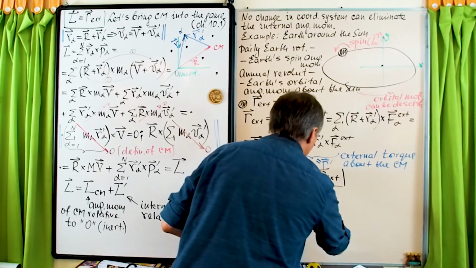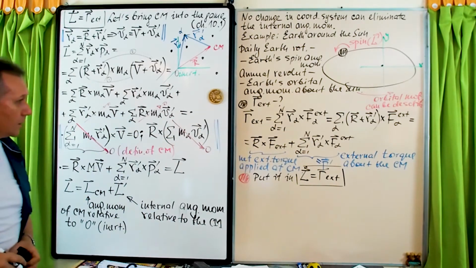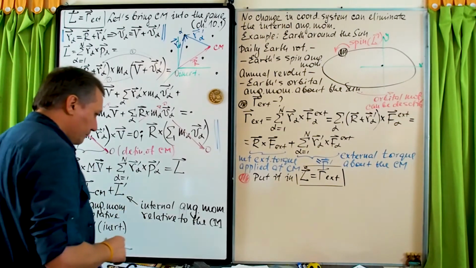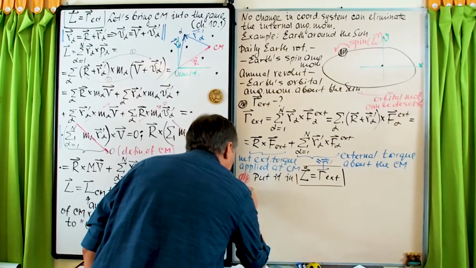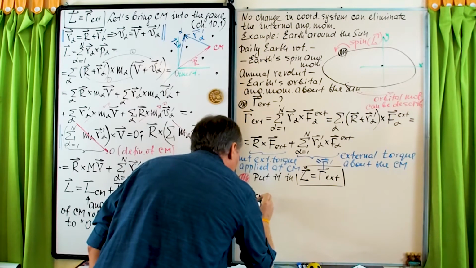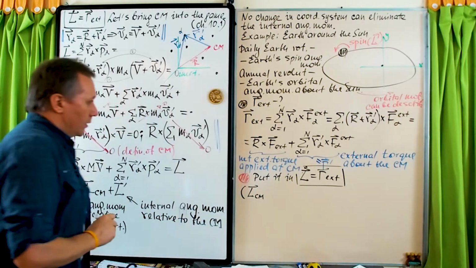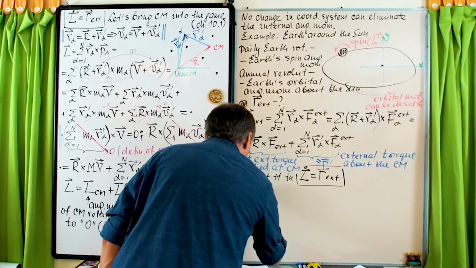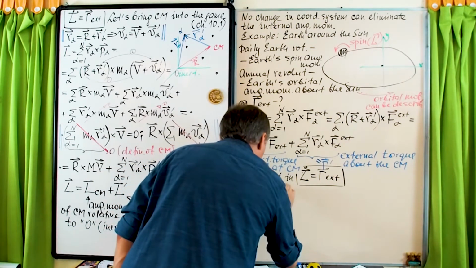Okay, so L is L CM plus L prime. So it will be the angular momentum of the center of mass, plus L prime dot.